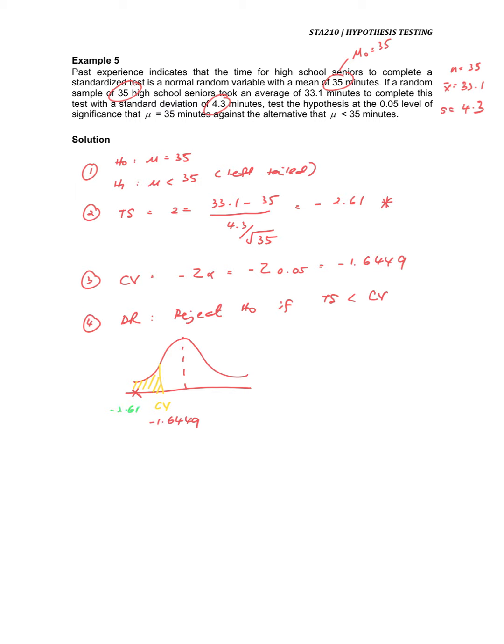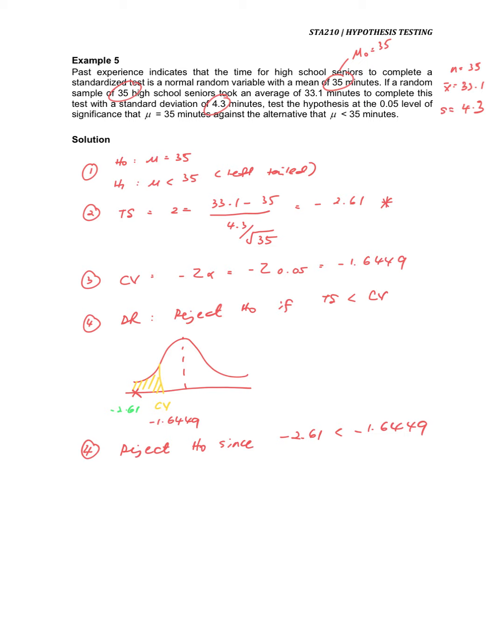So our decision is to reject H naught since negative 2.61 is less than negative 1.6449. It falls in the rejection region.